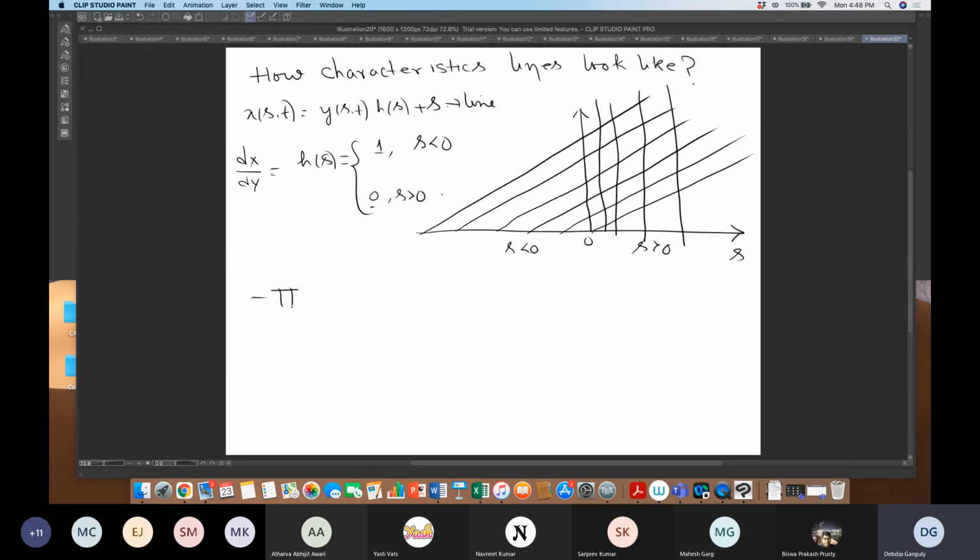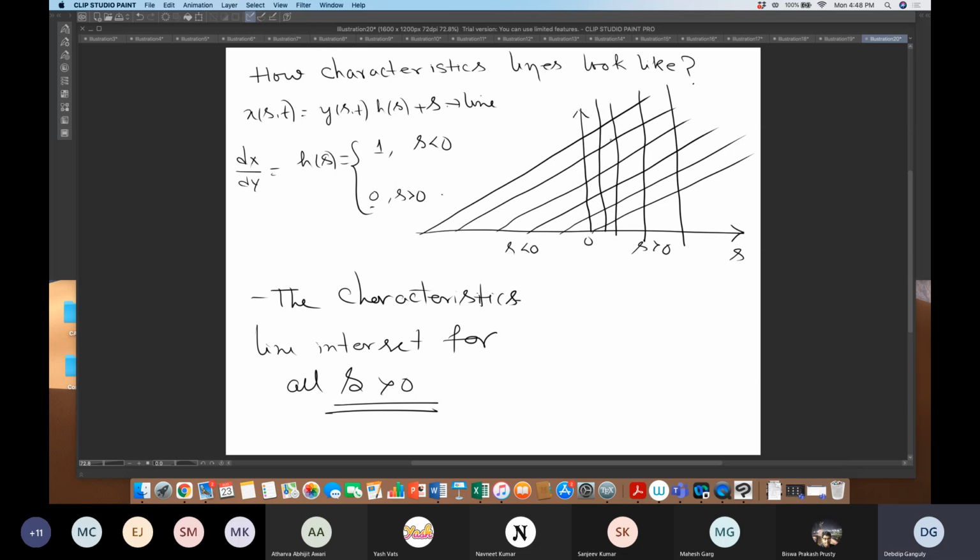The characteristic lines intersect for all s positive. Understand, it intersects. So then how do we solve this problem?